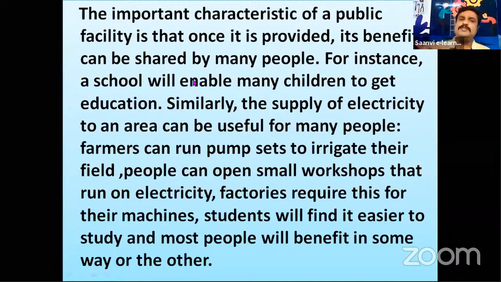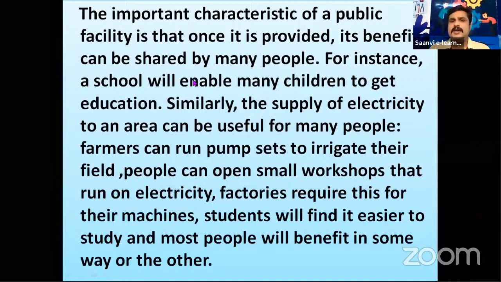So all these facilities come from only one public facility provided by the government, and it must be provided in a very effective way. Effective public facilities must be provided by the government. Suppose we discuss government hospitals and private hospitals, because in the beginning we discussed public facilities: public healthcare centers are very few in our country compared with private healthcare centers.